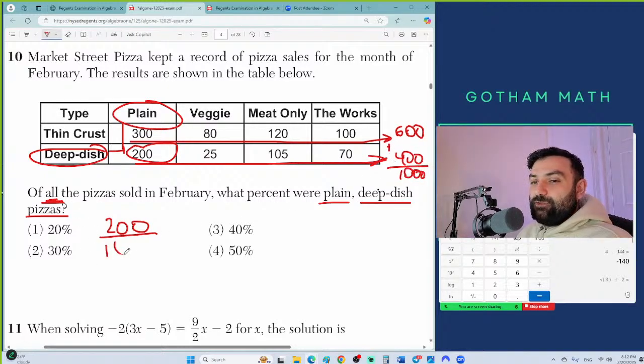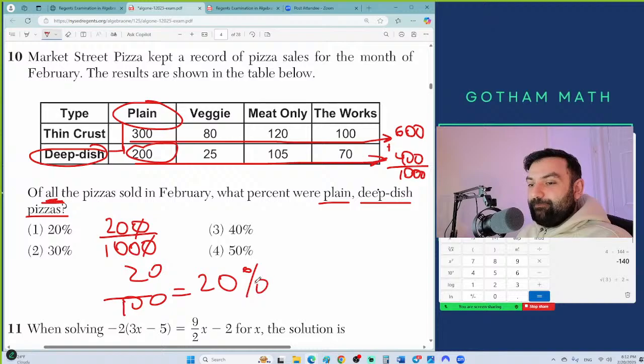So it's 200 over 1,000, and I hope you understand what percentage that is. If we divide by 10, it's 20 over 100, which is 20%. And that's it. The table, the percentages, everything looks harder than it actually is. In reality, it's not that hard.